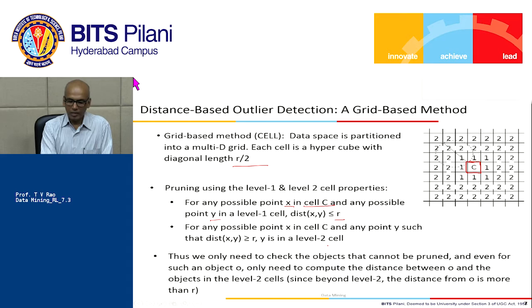But here we are going into the level 2 cells and then the distance is coming to beyond r. Then again we don't need to consider this further because it's an outlier.